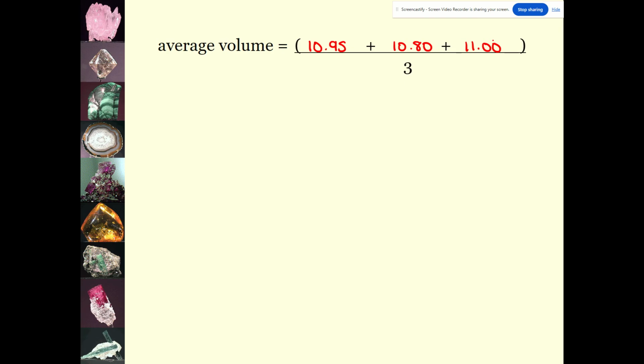I add them together and then divide by 3. 10.95 plus 10.8 plus 11 divided by 3 is 10.92. Remember again from the charts, this is my volume in milliliters.